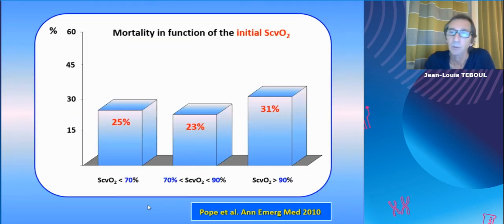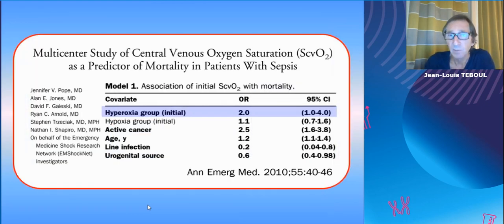And in general, when you have a high ScvO2 above 80% or 90%, it is associated with a high mortality rate, as shown in this paper by Pope and co-workers, compared to mortality rate in patients with ScvO2 lower than 70% and ScvO2 between 70 and 90%. And in this paper, the presence of ScvO2 above 90% was an independent factor associated with mortality.